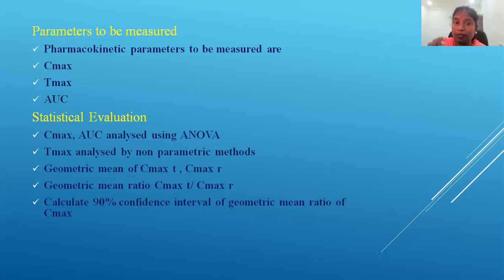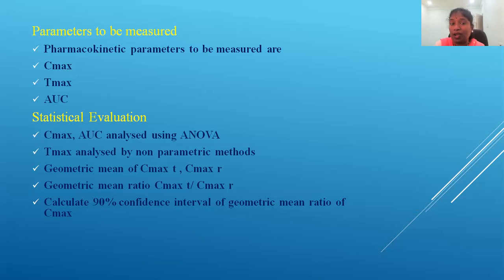The plasma concentration will be changed. For example, because of the pH condition, the plasma concentration also changes. Because of the food you are taking, that also influences the plasma concentration. Not only the food, but also dissolution, particle size, hygroscopicity, crystallinity, polymorphism, all those pharmaceutical factors and patient factors like food, age, sex, all those things influence the plasma concentration.